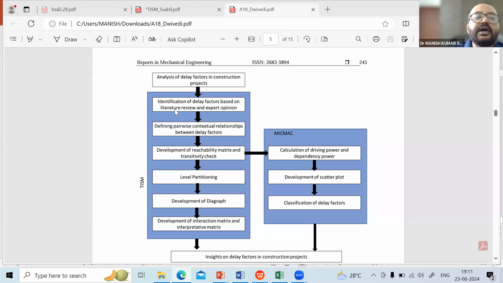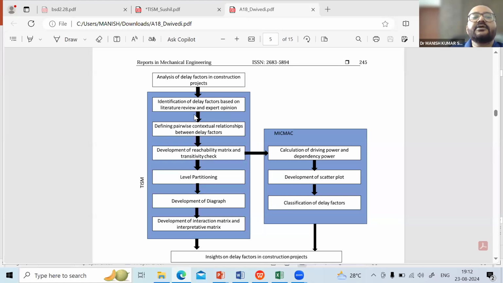Then you have to identify the delay factors based on literature review. And I told you expert opinion also. So at this stage, if you have less literature review, you can add some variables, or in this case, delay factors related to construction, and you can get some delay factors from the expert opinion also at this level.